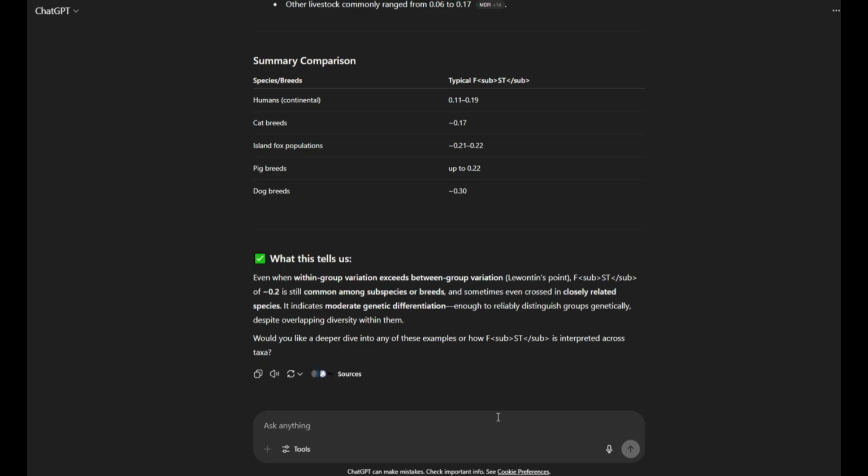Domestic cat breeds. Research found an average pairwise FST approximately 0.17 among 38 cat breeds, very similar to the 0.19 seen between human continental groups. Dog breeds. A 2007 study estimated breed-level FST at around 0.30, roughly double the typical human value, but still overlapping the upper range for broader breed or subspecies differences. Livestock breeds.